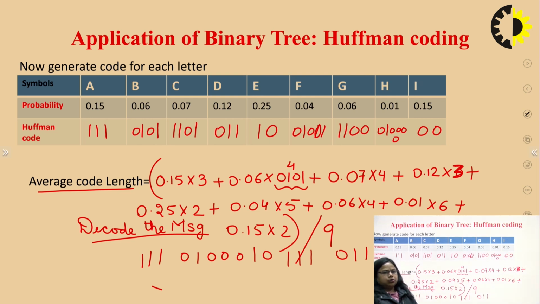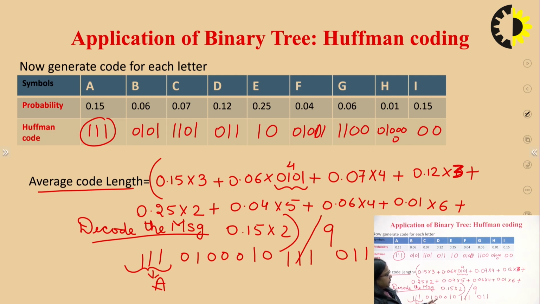How do we decode this particular code? We need to check: we are getting 111 initially. With 111 we get one letter, that is A. You can see, right? With the help of 111 we get the letter A. Now next we have to check 0100.